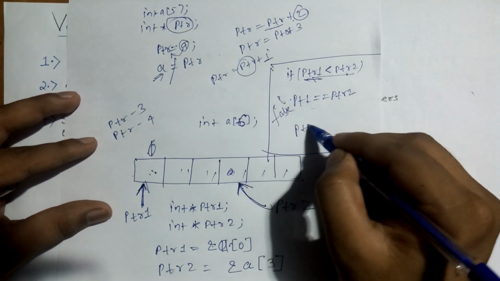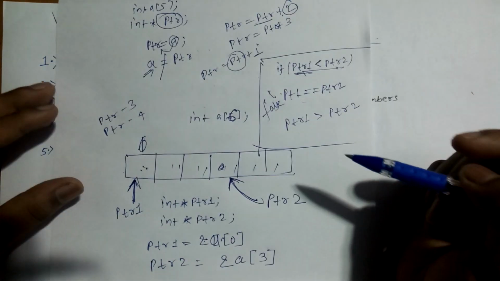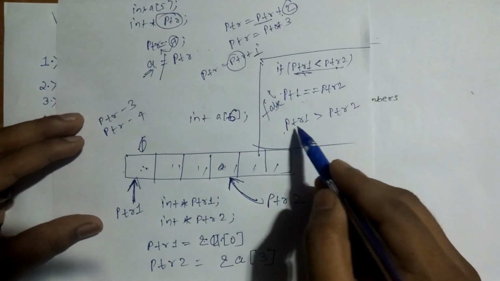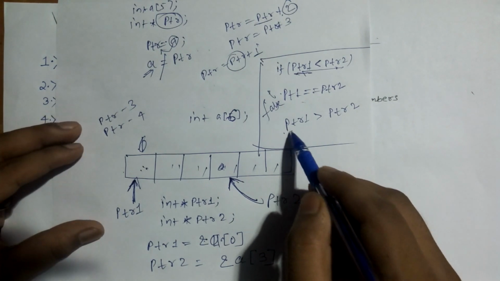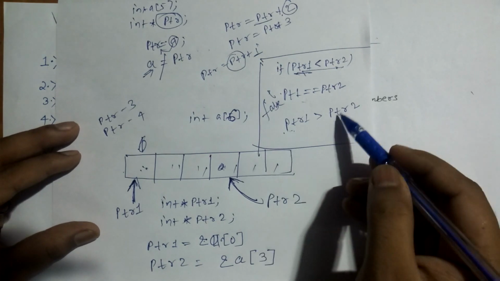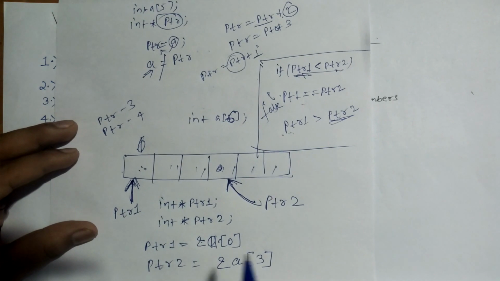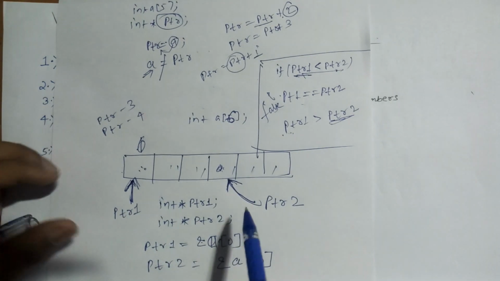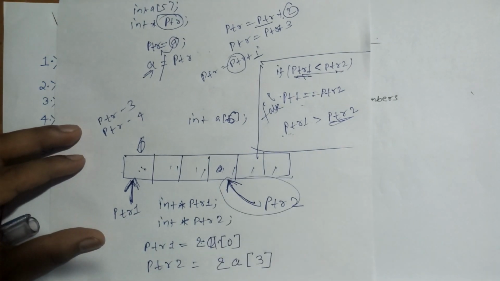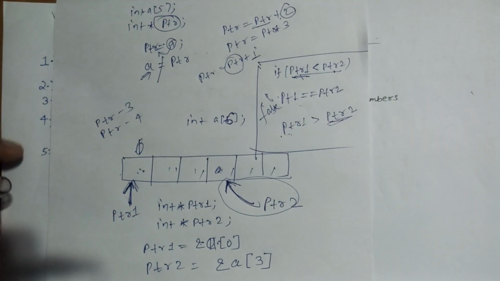And if you do ptr1 greater than ptr2, it will be true only when ptr1 points to a memory location to the right of the location pointed by ptr2, but here ptr1 is pointing to the left. So you can do comparison between two pointers only if they are pointing to the same array.